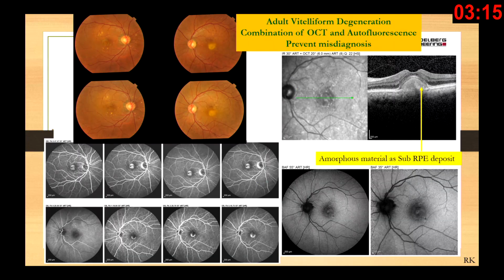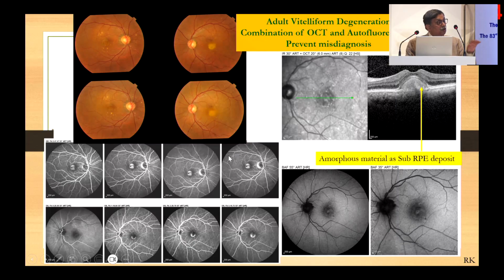But be careful not to be confused by another lesion called adult vitelliform degeneration, which can give you the same kind of picture as a type 2 CNVM. On fluorescein angiography also you can get fooled because it shows hyperfluorescence, but it doesn't show a blurred hyperfluorescence, it shows a well-defined margin of hyperfluorescence. So that also gives you a clue.